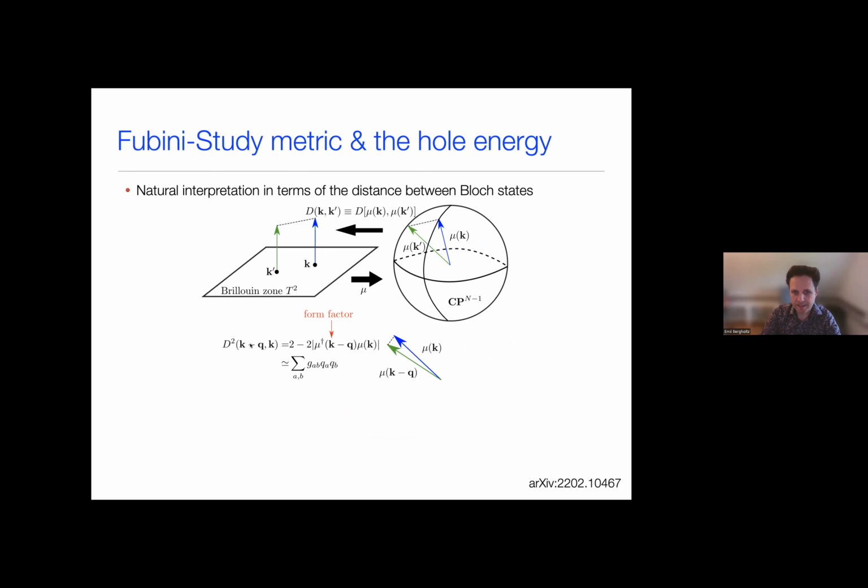And that distance squared is defined as 2 minus 2 times this u dagger at k prime times u at k. So if these are the same, of course, then the distance is 0. So that makes sense. And at small separations q, this defines a metric, G.